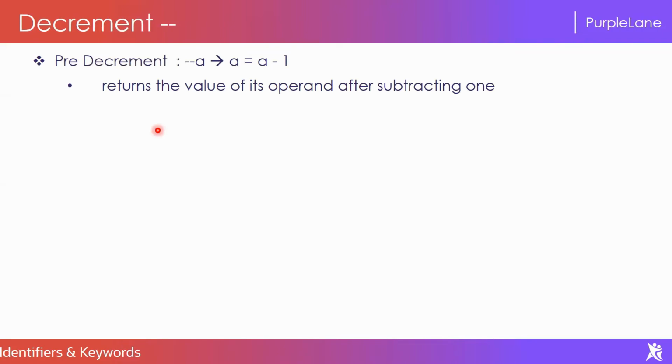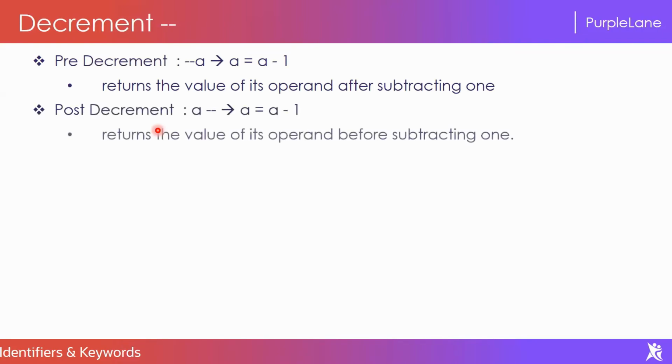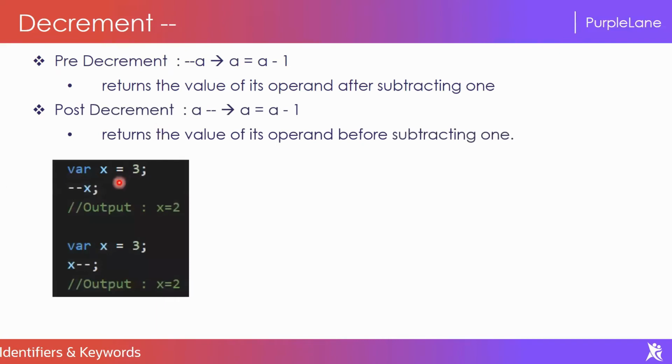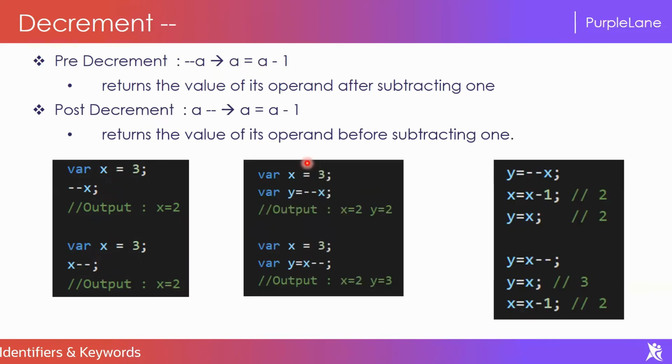Similarly, we have a decrement as well. Same concept, pre-decrement, post-decrement, and the same example here. Here x equal to 3 minus minus. It means the value will be 2 because it will do a equal to a minus 1. Similarly, it will be 2. The behavior will change when you use it in the expression like this.